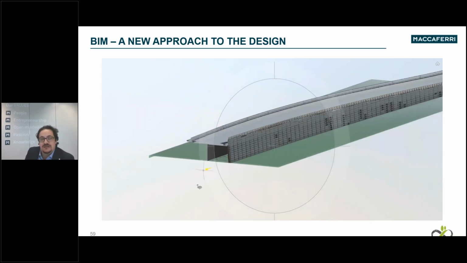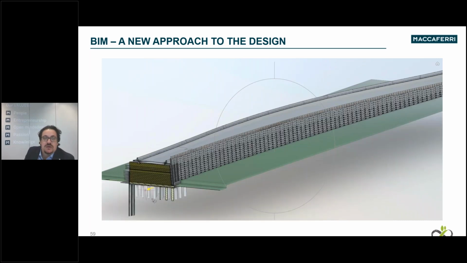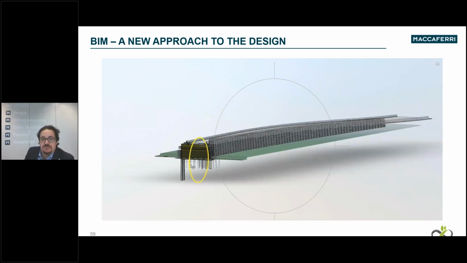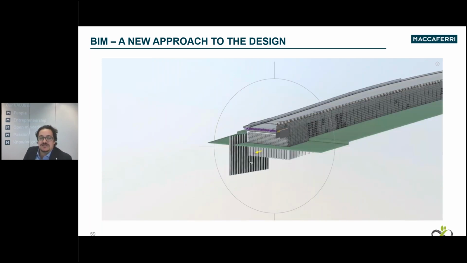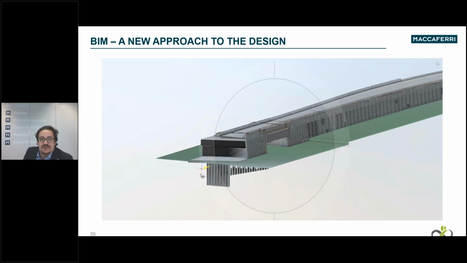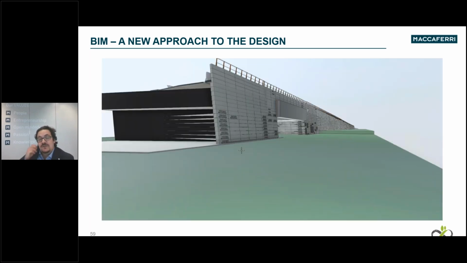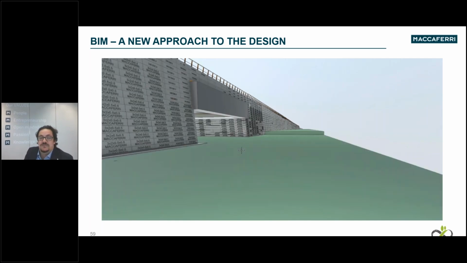So in a BIM object, you have not only the geometry of the product and its drawings, but also the performance, the technical data sheet, the maintenance manual, and the certification. Everything will be in the design since the beginning.